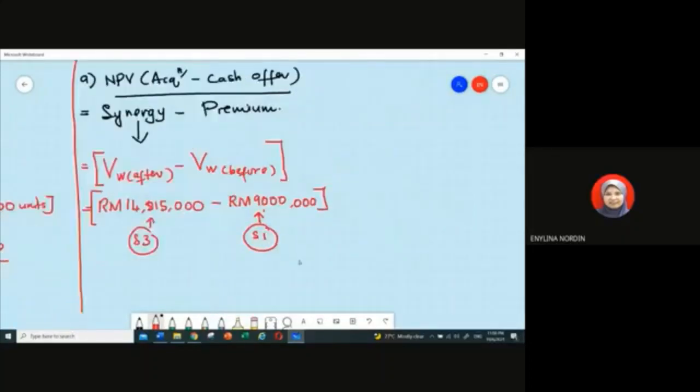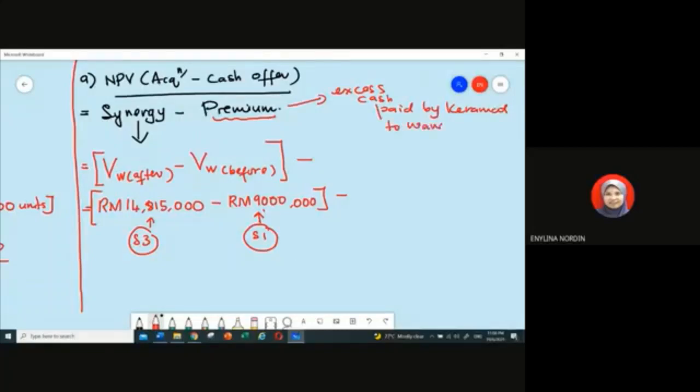And then the next one, we want to minus the premium. We know that the premium is the excess cash paid by Keramat to the target firm, that is to Wangsa.